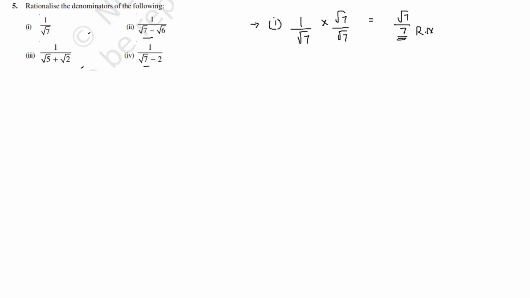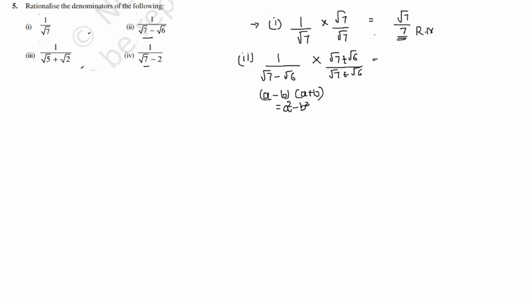Because as we know, if we multiply root 7 with root 7, the root will cancel and we'll have a rational number like this. Similarly, for the second one, 1 by root 7 minus root 6. Now we have to rationalize this denominator. So we multiply the numerator and denominator with root 7 plus root 6. Here we'll apply the identity (a minus b)(a plus b) equals a square minus b square.